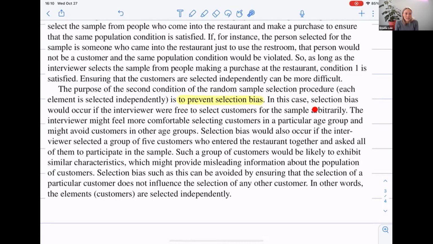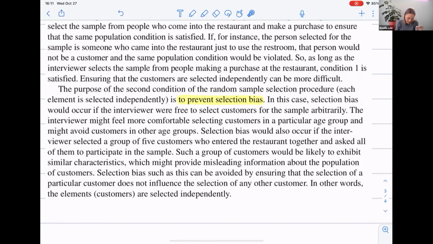Selection bias in this case is if the interviewer, who also happens to be an employee at the restaurant, seems really unfair. They're really going above and beyond for their job. But if they were free to select customers for the sample arbitrarily, the interviewer might feel more comfortable selecting customers in a particular age group, or they might avoid other age groups, right?